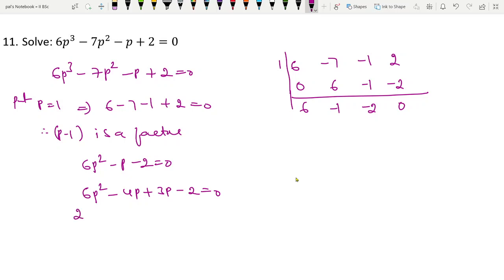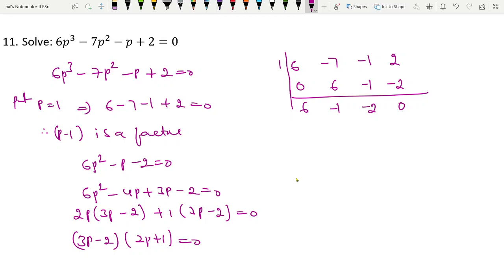So here you take 2p as a common factor. Then 3p minus 2 is remaining. Plus 1 is a common factor. It is 3p minus 2 is equal to 0. Again you take 3p minus 2 as a common factor. So remaining here is 2p plus 1 is equal to 0.